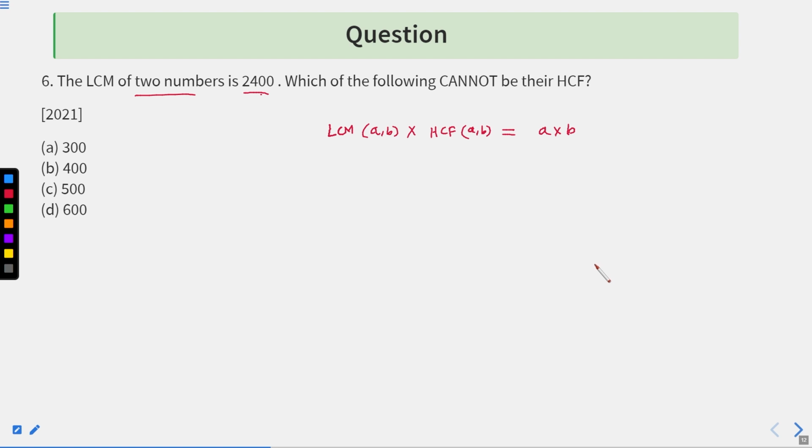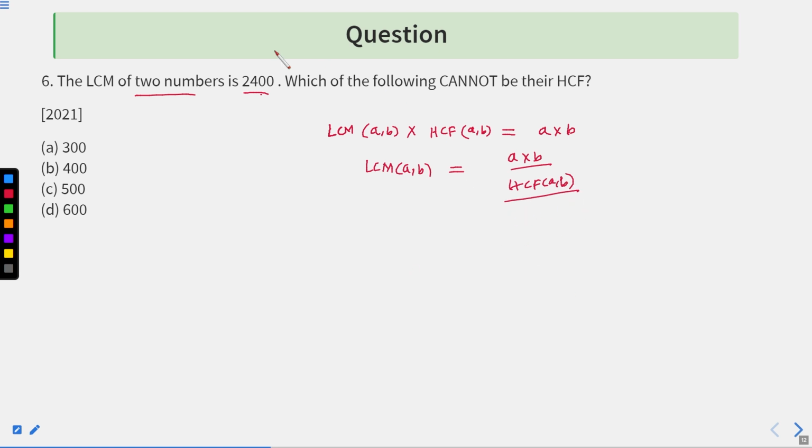Okay, so here the LCM of two numbers is this, then which of the following cannot be their HCF? So from this we can find LCM of a, b, which is equal to a cross b divided by HCF of a, b.